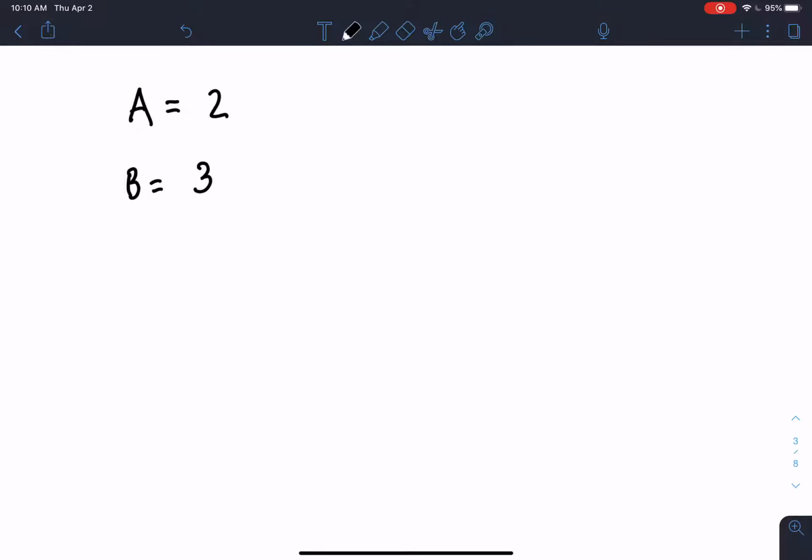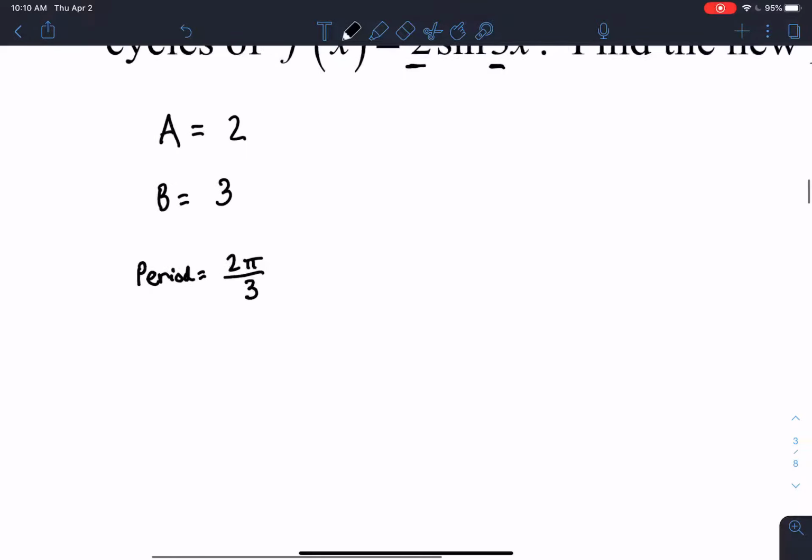To figure out my period, I'm going to take 2 pi and divide it by 3. I can't simplify that anymore, so I'm just going to leave it. So one cycle here is going to be a length of 2 pi over 3.